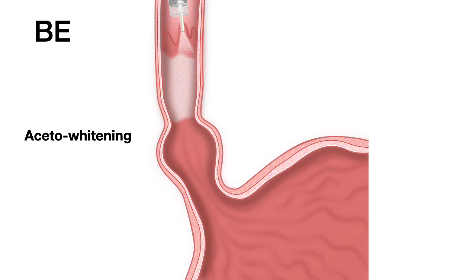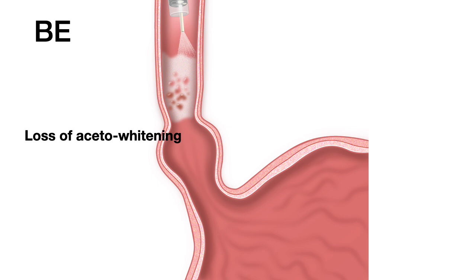If there were to be neoplastic epithelium in the Barrett's lining, then those areas with neoplastic tissue in the Barrett's epithelium will lose the acetowhitening and will appear as non-white areas. And this helps you to direct the biopsies to those areas.